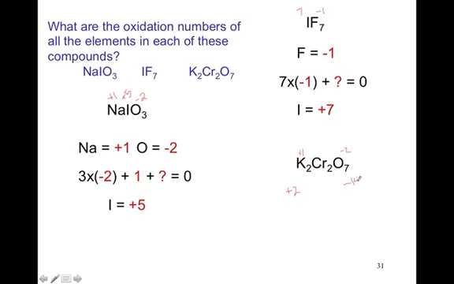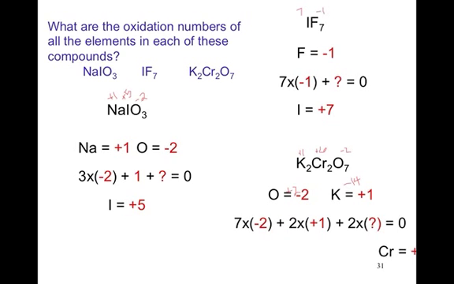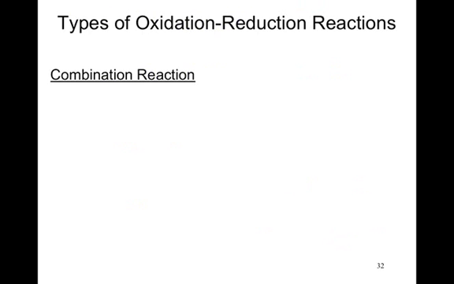So to get to neutral, I suppose I'd need a +6 because there's 2 chromiums here. So we'll throw a +6 in here, and we should be pretty well neutral. Let's take a look at how we did. Oxygen's -2, potassium's +1, and +6. Got it. So hopefully that's not too terrible.